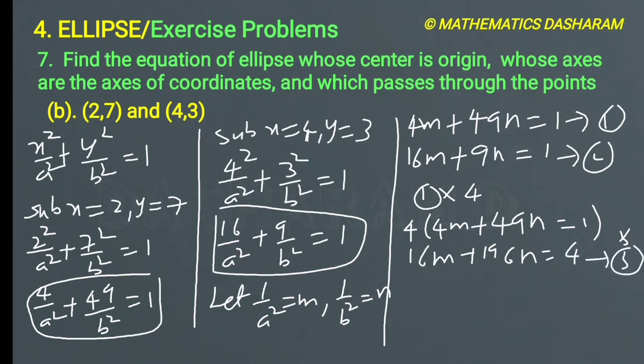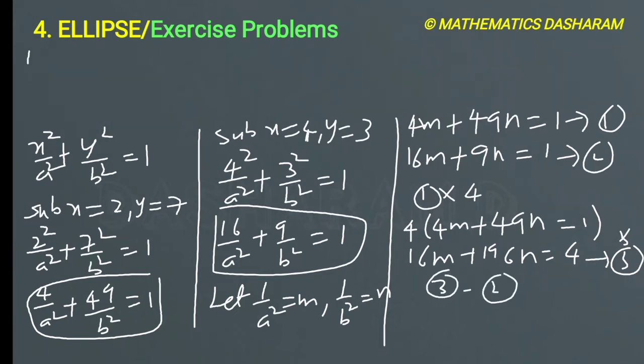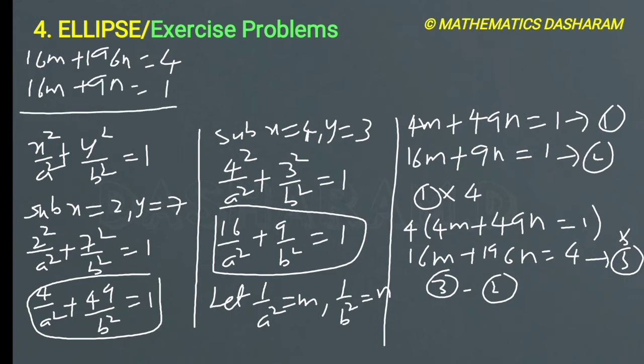Now equation 3 minus equation 2. The equation 3 is 16m plus 196n equals to 4. Equation 2 is 16m plus 9n equals to 1. Now change the symbols, minus, minus, minus.